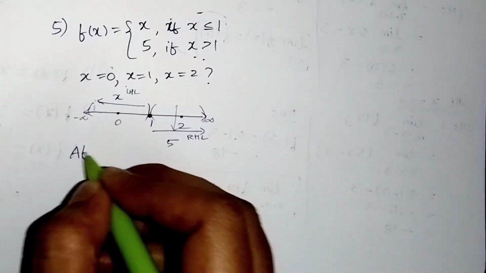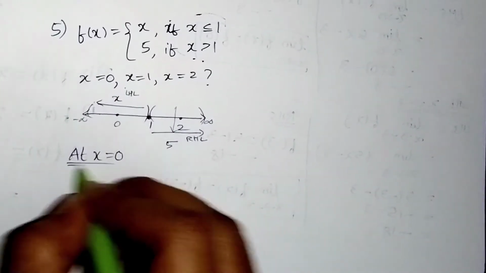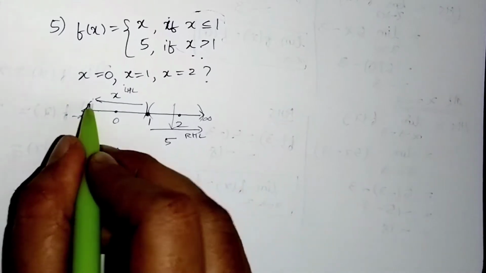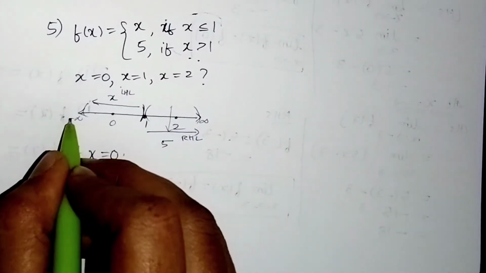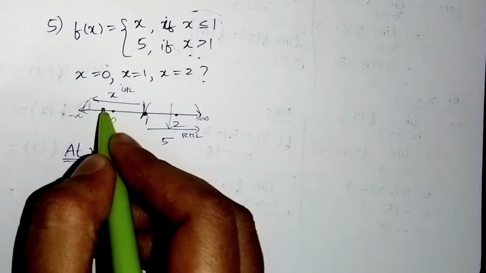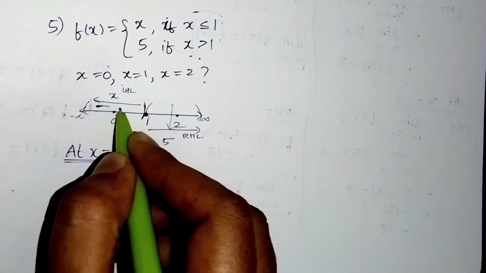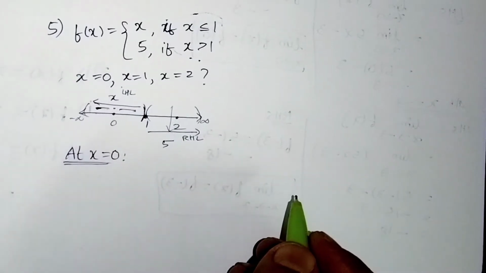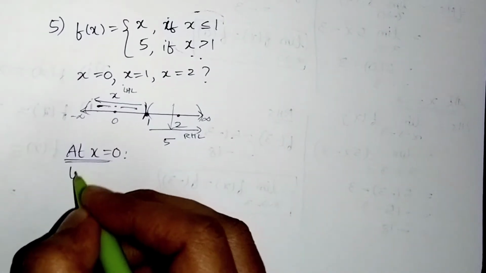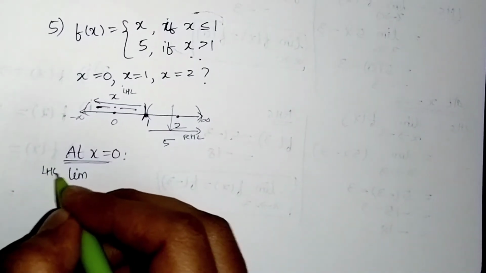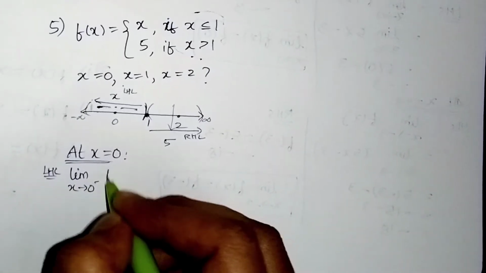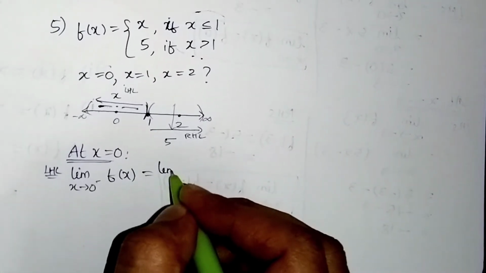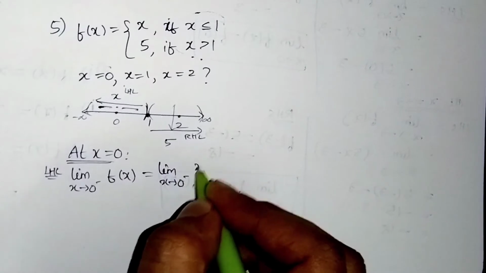Now we will do it for x is equal to 0. As I mentioned earlier, from 1 to the left side, minus infinity, the function remains the same. So for 0, for the left hand and right hand, we will use the same function. This is the LHL: limit x tends to 0 minus f of x, the function is x.